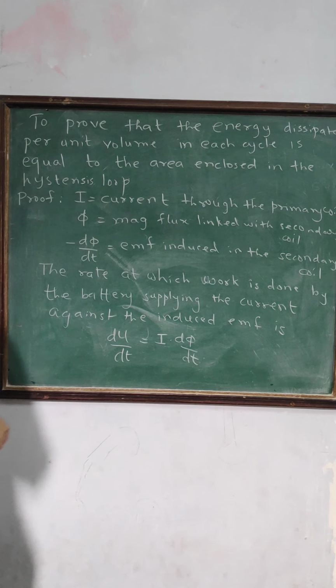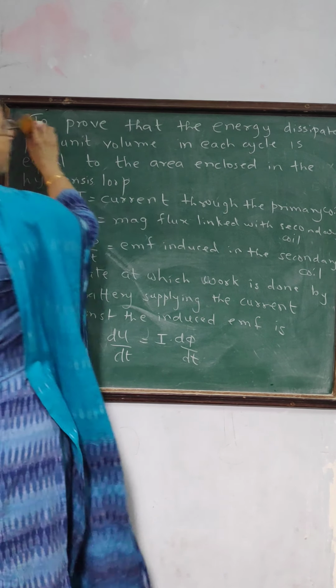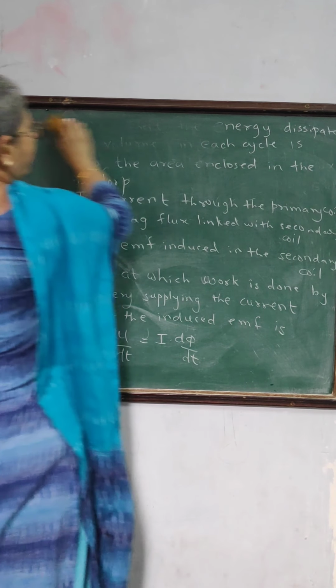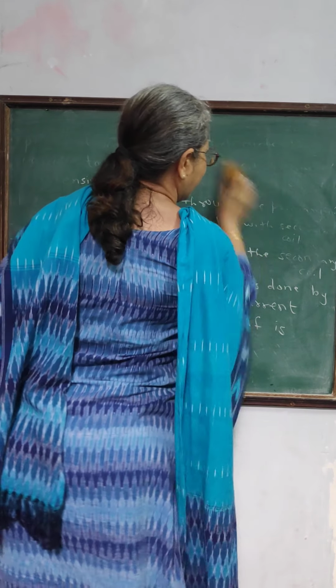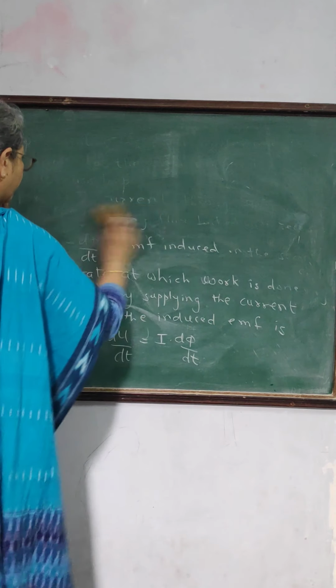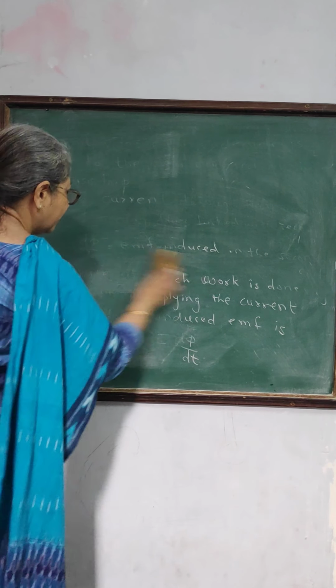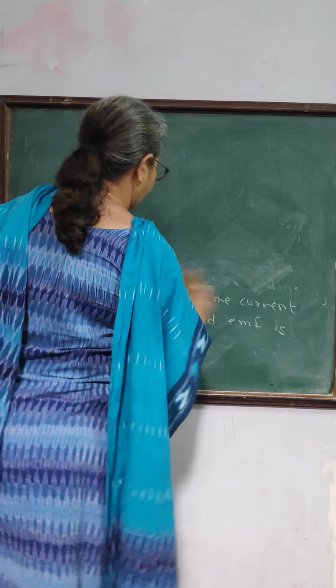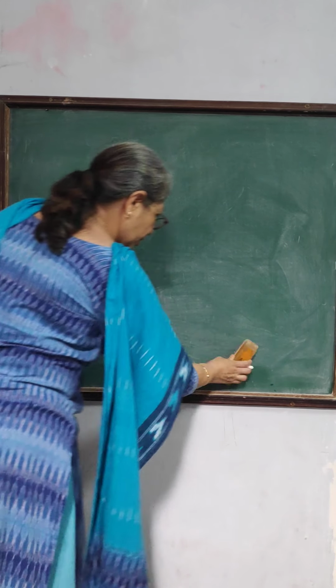Beginning with this, we will prove that the energy dissipated per unit volume in each cycle is equal to the area enclosed in the hysteresis loop.